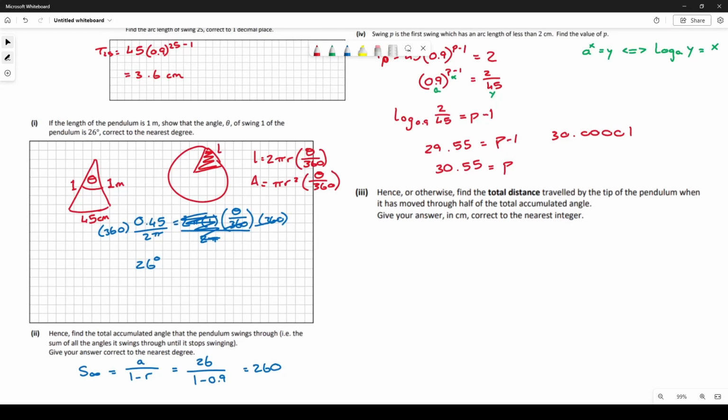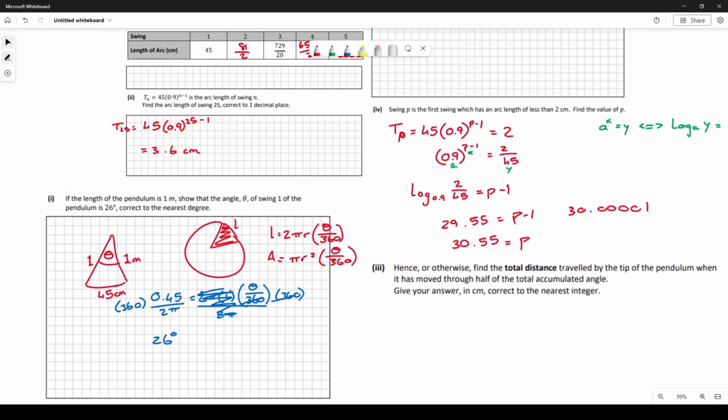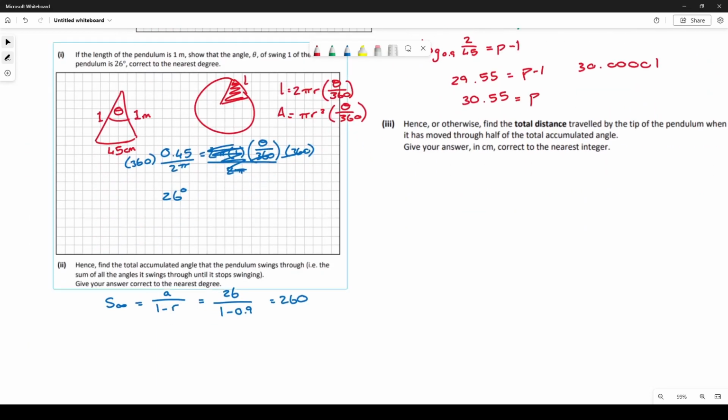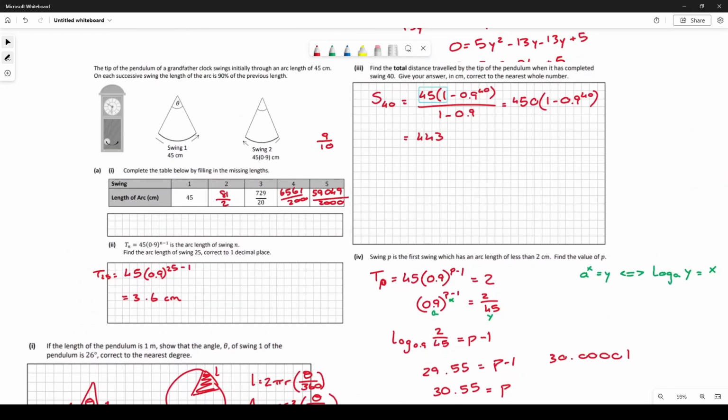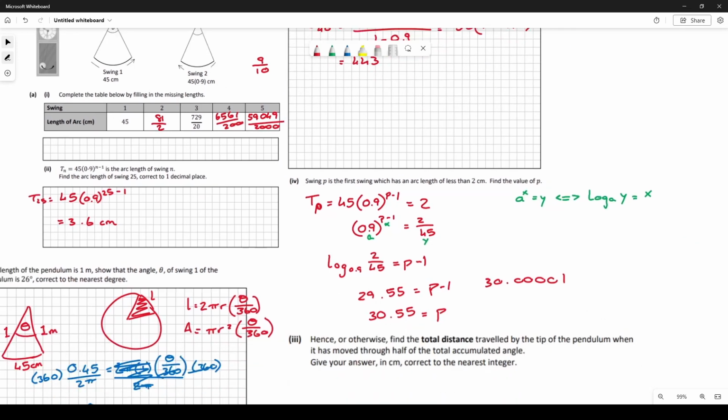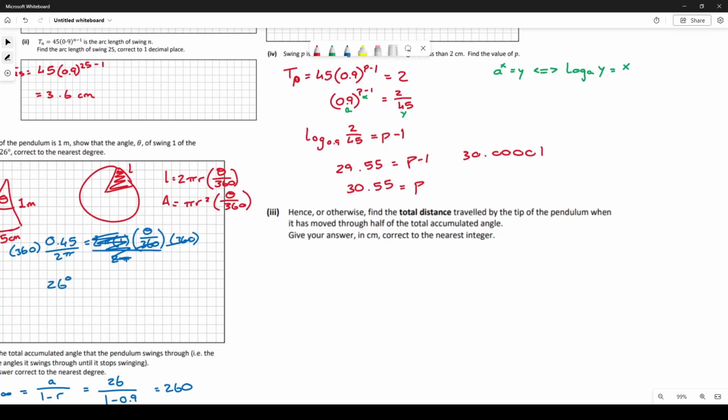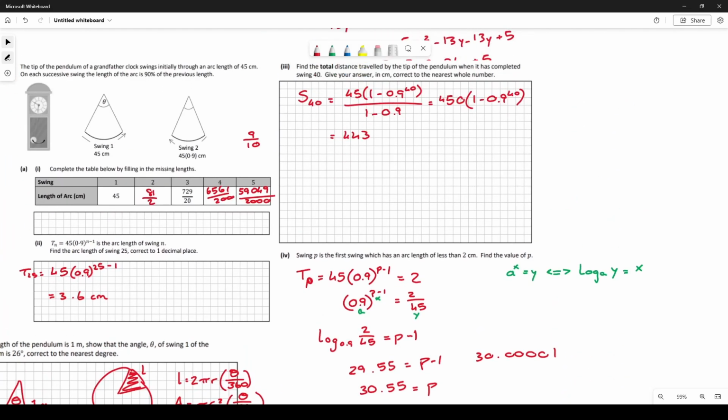I made an SN formula for the angle, and I found out how many swings it would have to go through to get to 130. Then I took that number for n and I subbed it in here to find out what the distance is. I think, stupidly, it works out in a weird way that if they want half of the total accumulated angle, it would be half of the total accumulated distance.